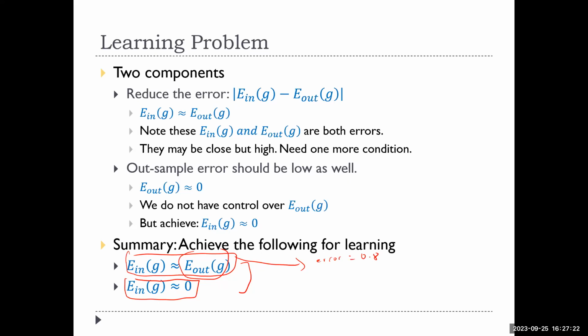Yes, they achieve similar results, but you need to add the second part, which is to reduce the error for training. And when it becomes similar to the out of sample error, then you can solve this learning problem. So I'm going to open the floor for questions.